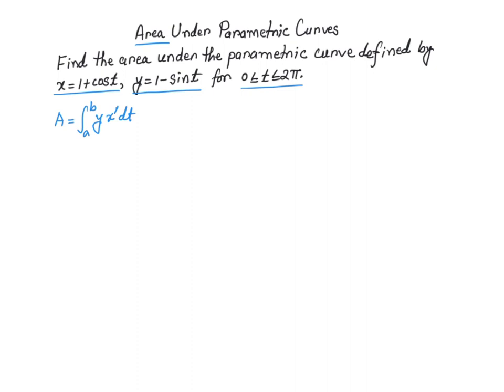Our limits of integration are a is equal to 0 and b is equal to 2 pi, and y is 1 minus sine of t, and the derivative of x with respect to t is negative sine of t. So let me just go ahead and write it out. Integral 0 to 2 pi. y is 1 minus sine of t, times the derivative of x with respect to t, that is going to be negative sine of t, because the derivative of 1 is 0 and the derivative of cosine of t is negative sine of t.